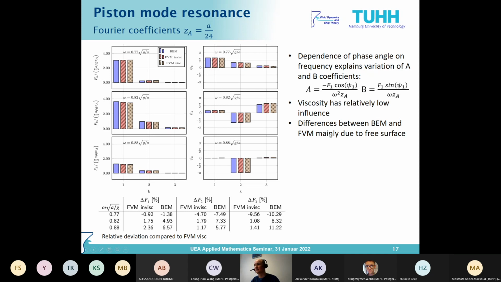And the differences that we saw between the boundary element method and the finite volume method are most probably due to the free surface. The finite volume method has a better representation of the free surface, and some more details are covered, and we believe that this is the cause for the deviations.